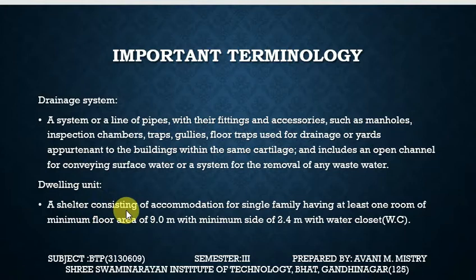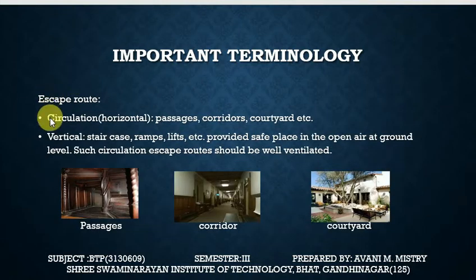Dwelling unit, a shelter consisting of accommodation for a single family having at least one room of the minimum floor area of 9 square meter with minimum side of 2.4 meter with water closet.